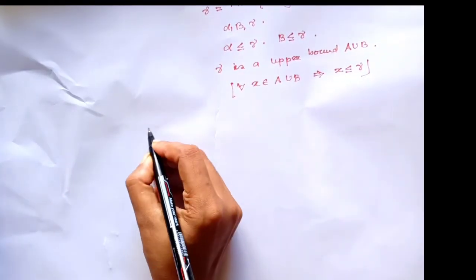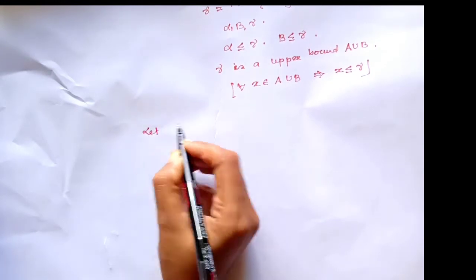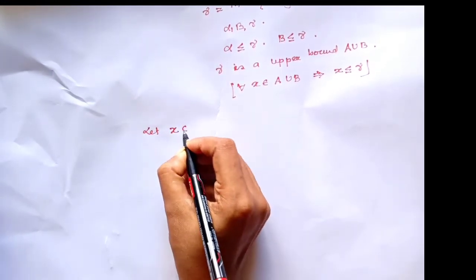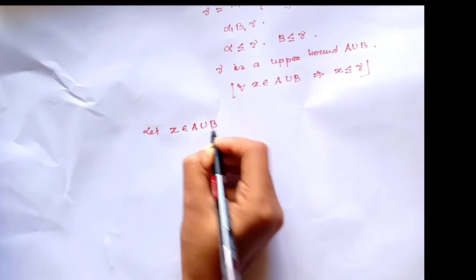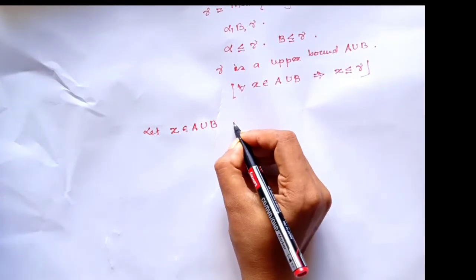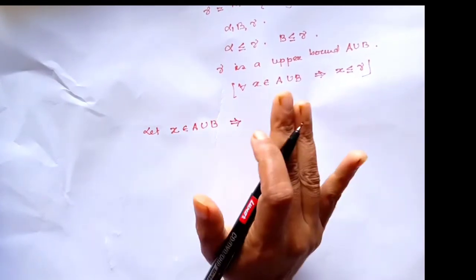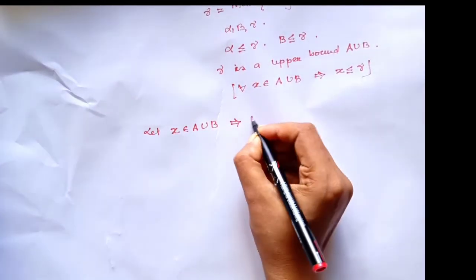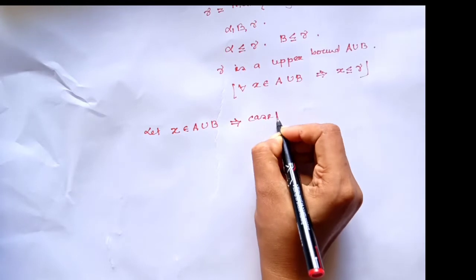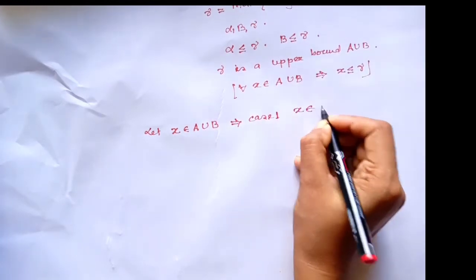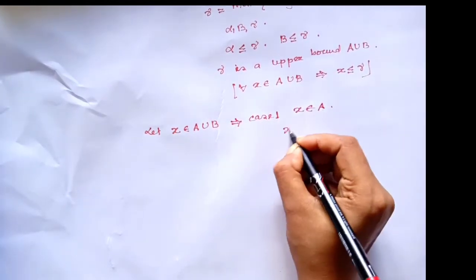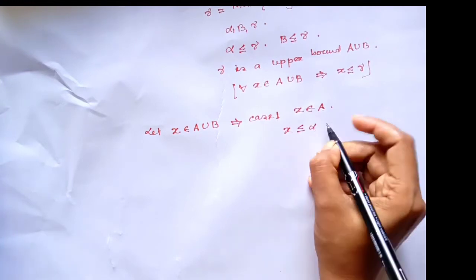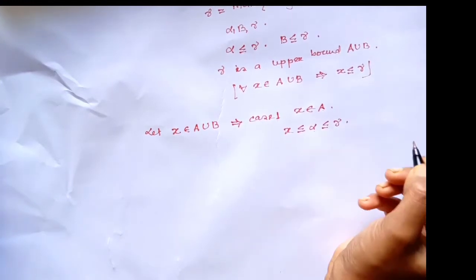Let x belong to A union B. What does it imply? x may be in A or x may be in B. Case 1, x is in A. That means x less than or equal to alpha, alpha less than or equal to gamma.